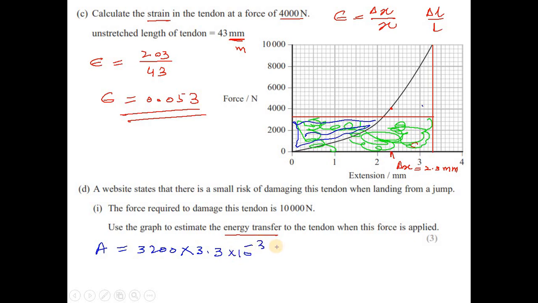Don't forget, because we are about to calculate the energy in joule, the distance should be in meter, so 10 to the power minus 3. If you calculate the area, A is 10.56, and this area is basically energy. So the energy is 10.56, or 10.6 joule.